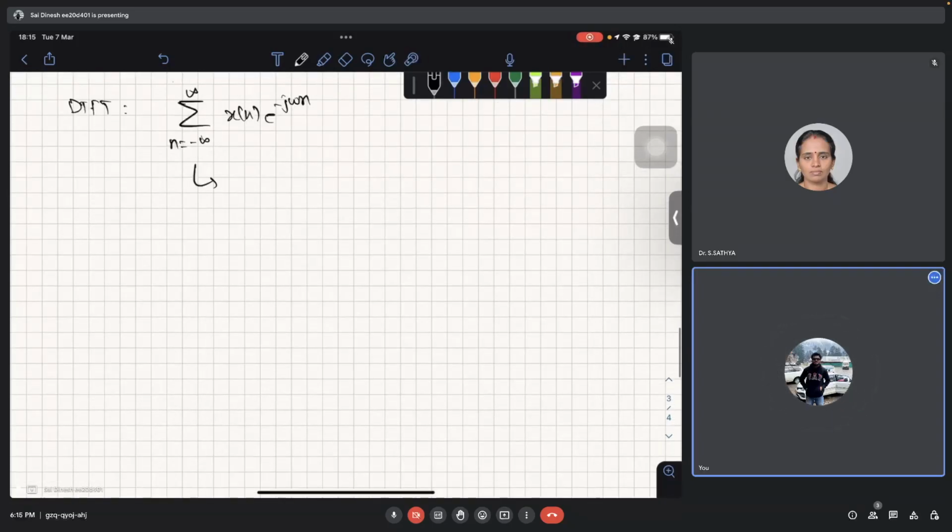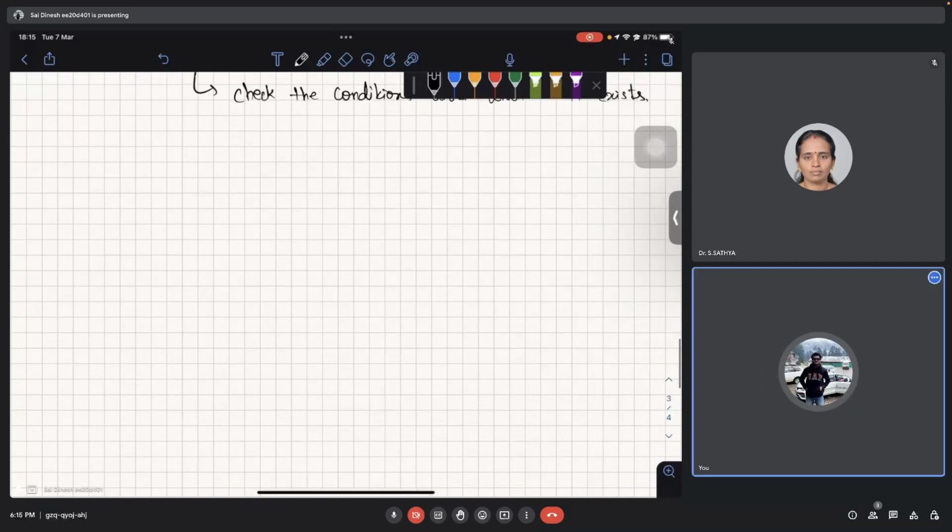The hint is to check the conditions under which the DTFT exists.